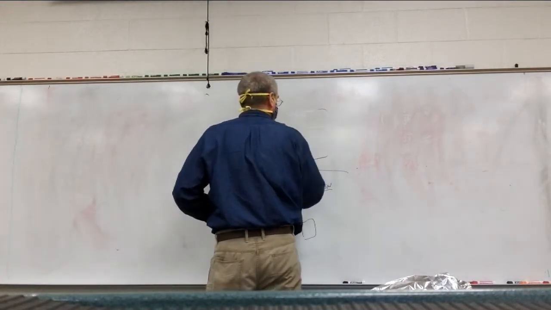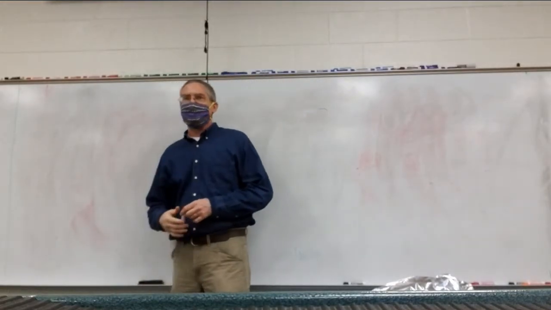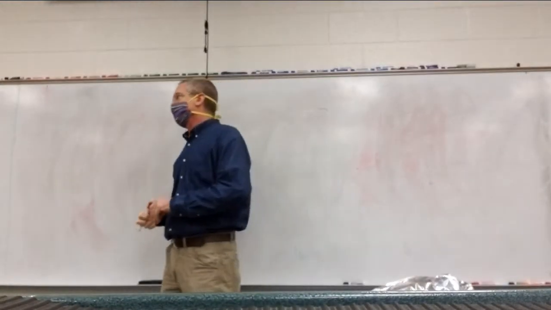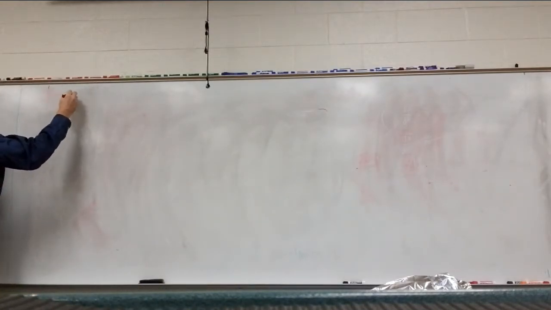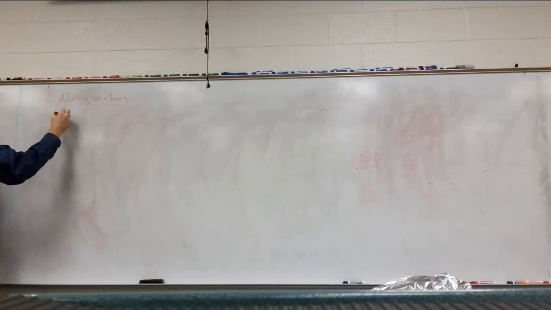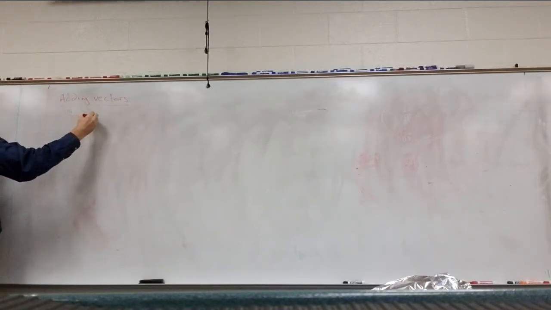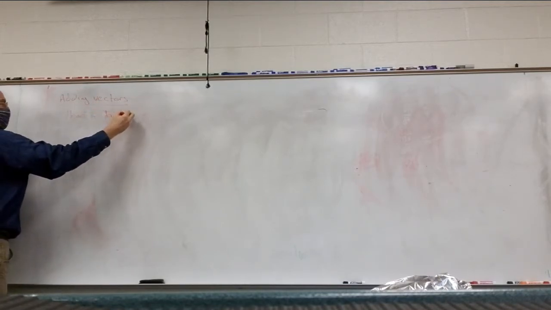All right, so we've just touched on some vector mathematics just then. We did the addition of 2 vectors. Let's just go through, make sure that we're a little bit better on that. All right, so when you're adding vectors, there's the head to tail method.